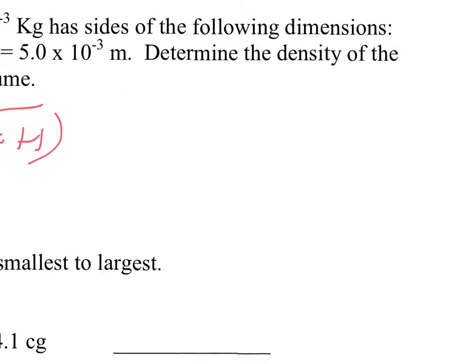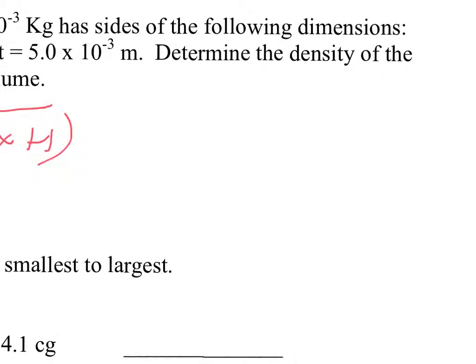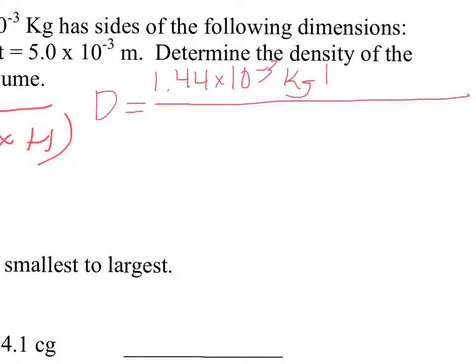Move over here and expand up so we have a little space to work. Density is equal to, so let's put in our mass, 1.44 times 10 to the negative 3 kilograms. I'm going to draw my line here, and I'm going to start putting my length values down on the bottom. 4.1 times 10 to the negative 2 meters.